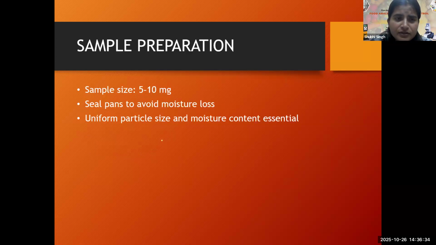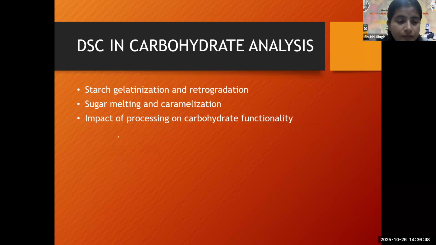Sample preparation we have already seen: 5 to 10 mg sample is required. Seal the pan to avoid moisture loss, and uniform particle size and moisture content are essential. Now, DSC in carbohydrate analysis: starch gelatinization and retrogradation.